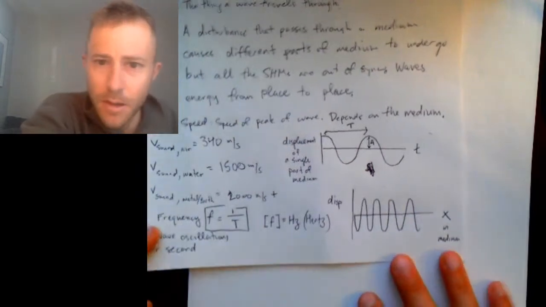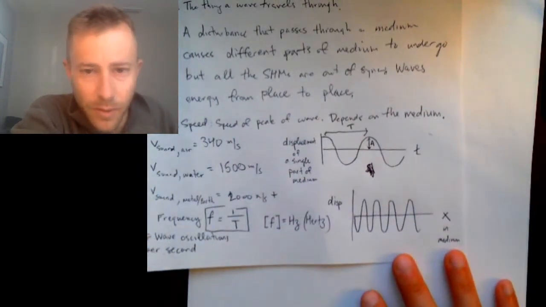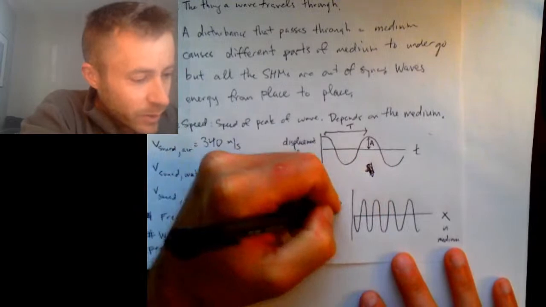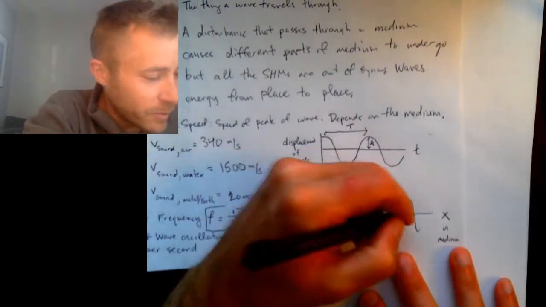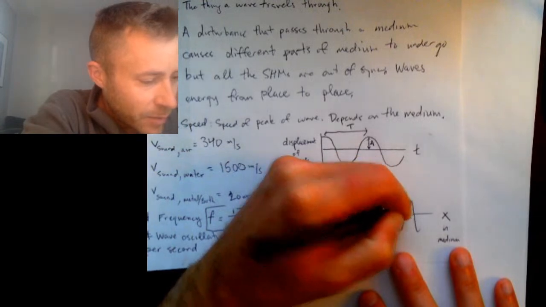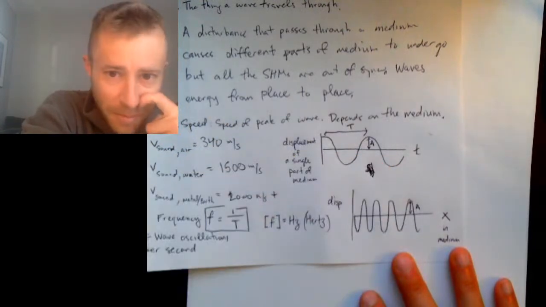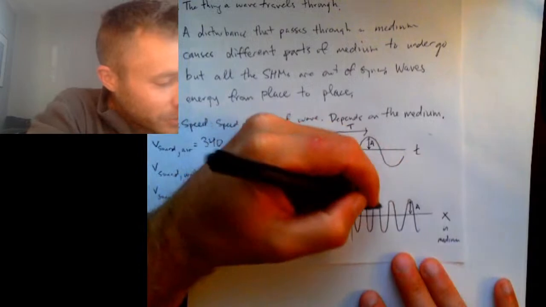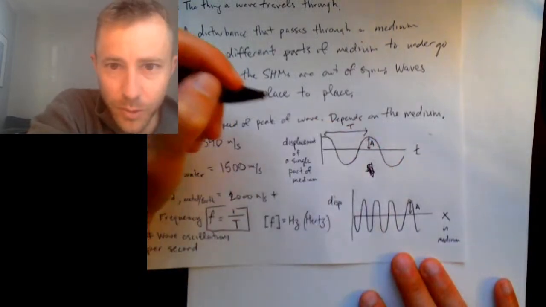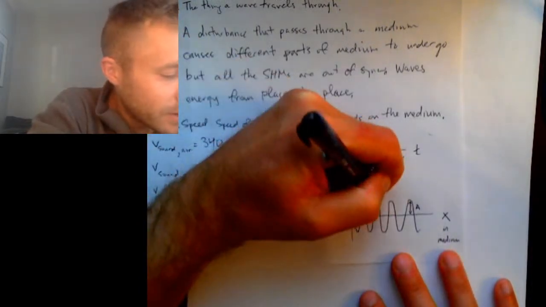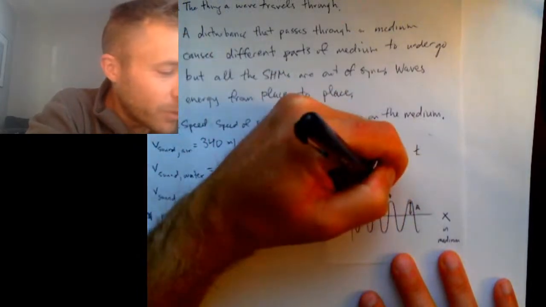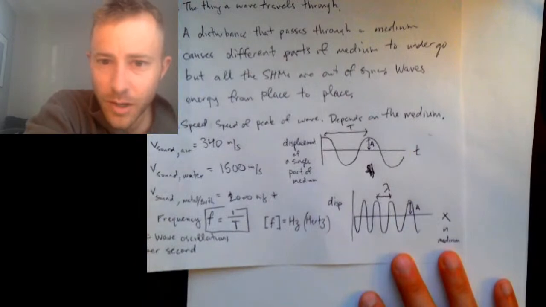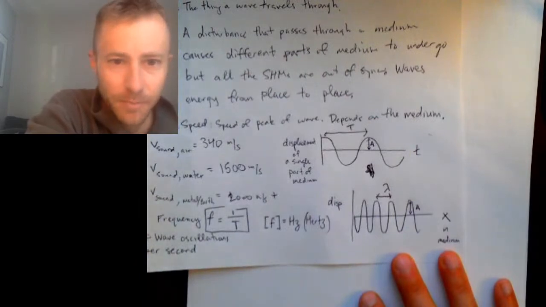Like that. Now, if we look at how far, what is the maximum displacement from equilibrium? That is the amplitude. If we look at how much space there is between peaks, that is called the wavelength, which is denoted by the Greek letter lambda.